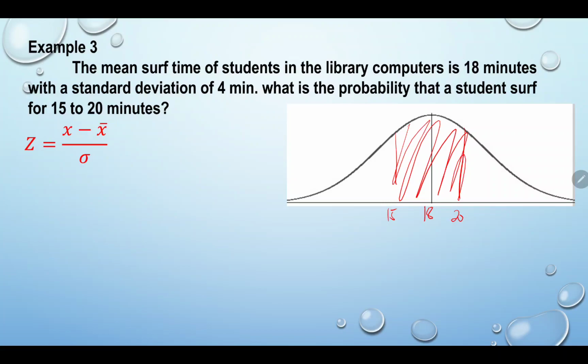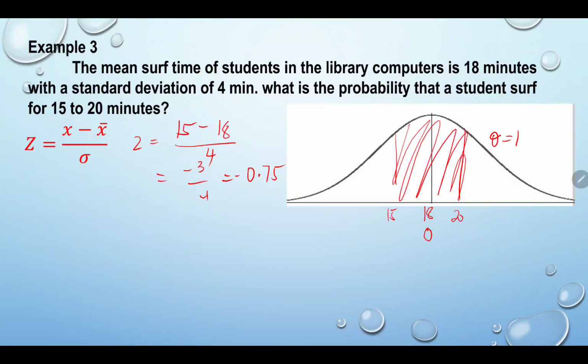So we need to convert them, no? We know that this is 0, our standard deviation will be 1. So we need those two values. We will do 15 minus 18, our mean, and standard deviation of 4 minutes. So that is negative 3 over 4, which is negative 0.75.